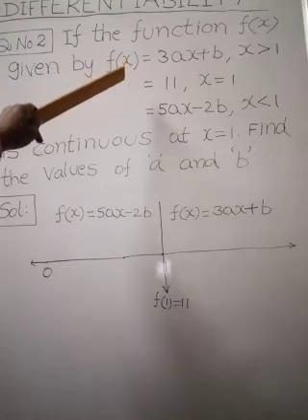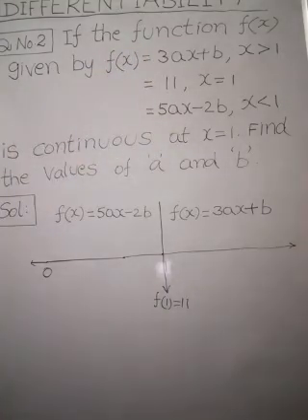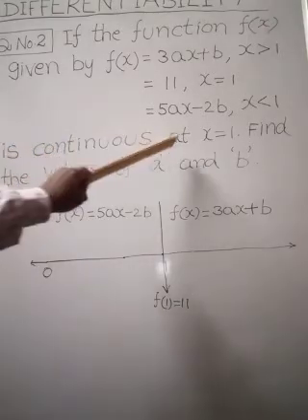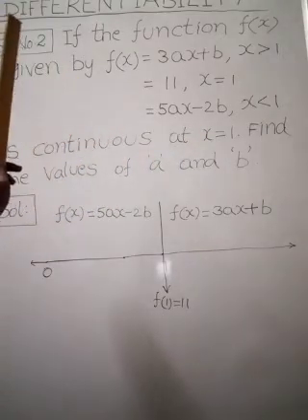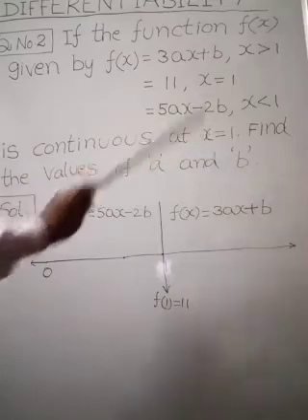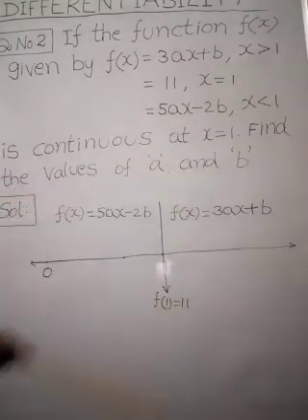Here f of x is defined in different ways. So here f is said to be a piecewise defined function. Now it is continuous at x is equal to 1. It is already given that the given function is continuous at x is equal to 1. Then find the values of a and b.